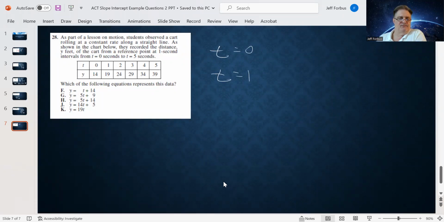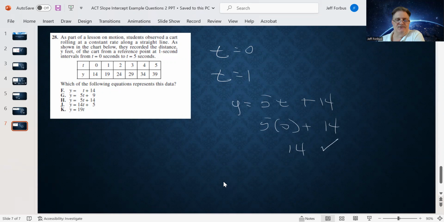Go to H. I'll write it out here, 5t plus 14. If we substitute our 0 here, we get a 14. Now at 0, that gives us a 14. That checks.